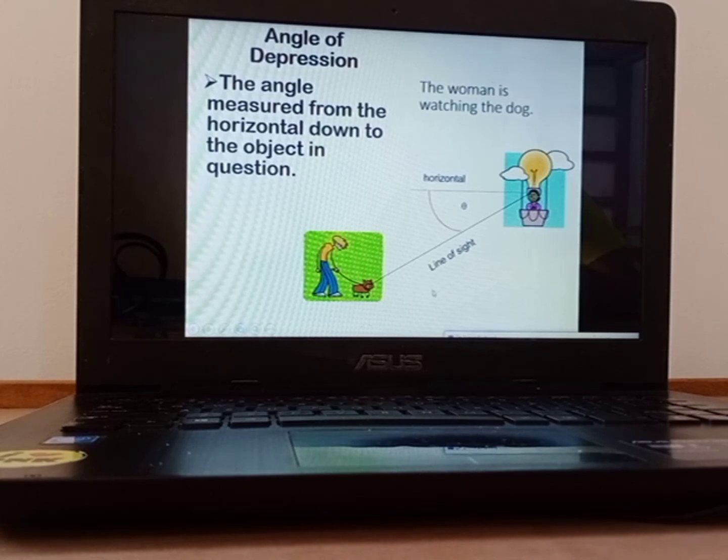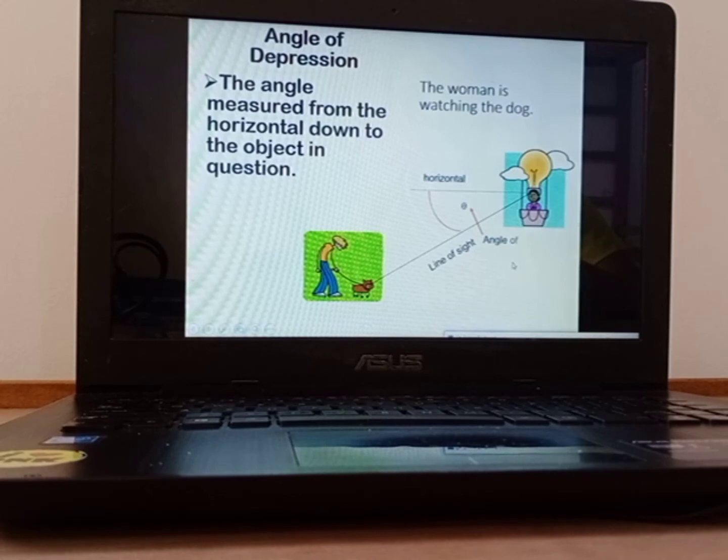For angle of elevation, you are below, and you look up at the top of a building or any kind of higher object. In angle of depression, you are at the top, and you look down on an object.